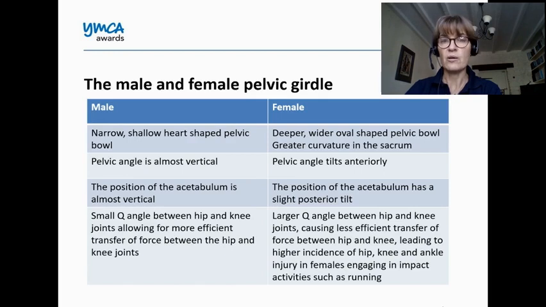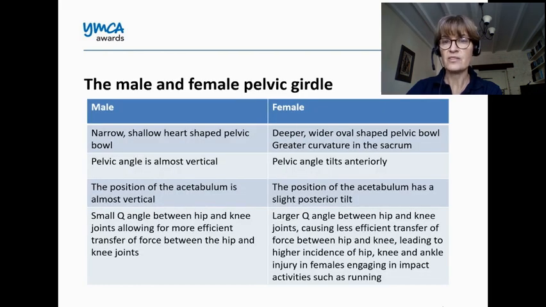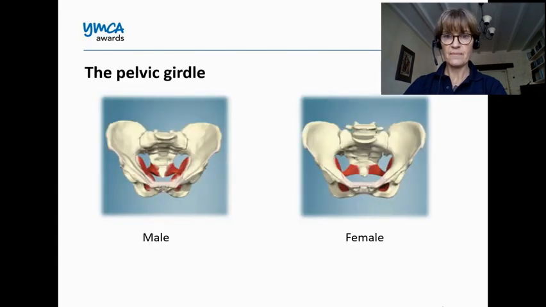Now, looking over to the female pelvic girdle, it's deeper and wider for the obvious reason that potentially it would have to fit a baby's head through. There's greater curvature there, and the whole pelvis is tilted anteriorly, as opposed to the male.